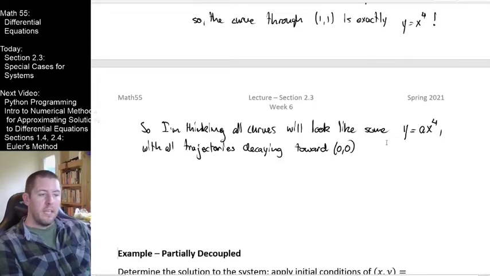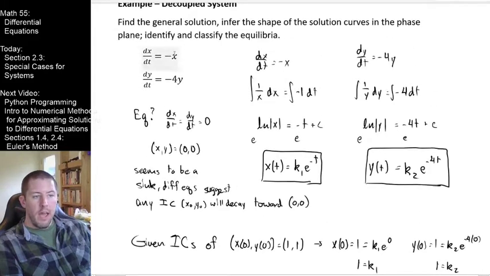Right? We've already seen that both our x value and our y value should get smaller over time. We can see it with their solutions. We can see it with the differential equations right here.